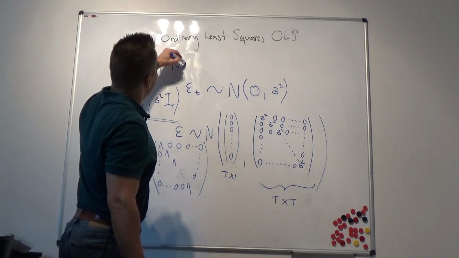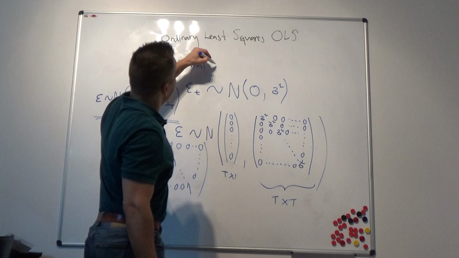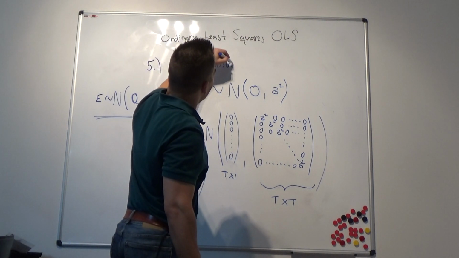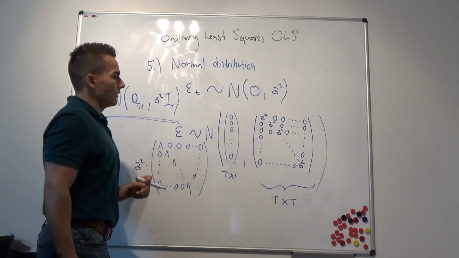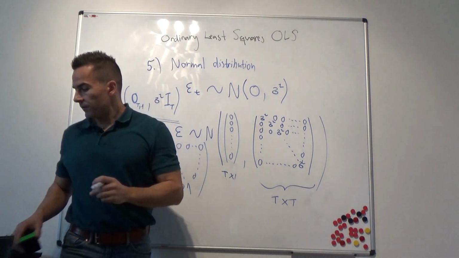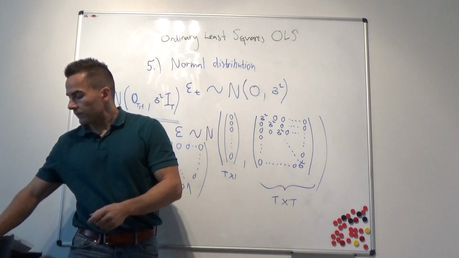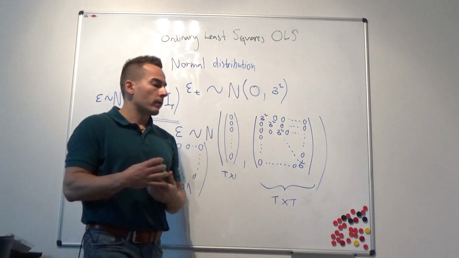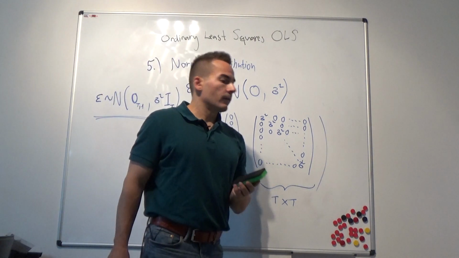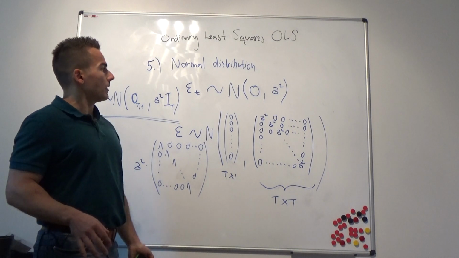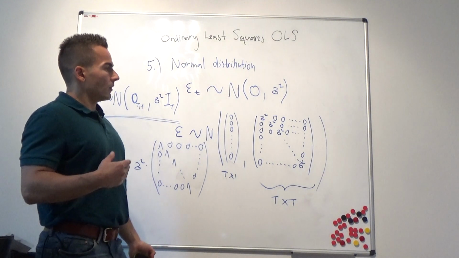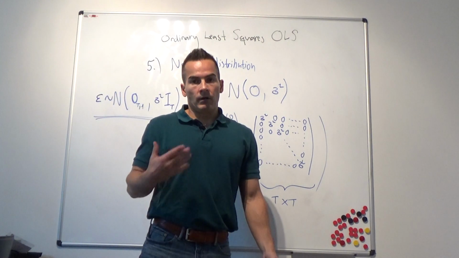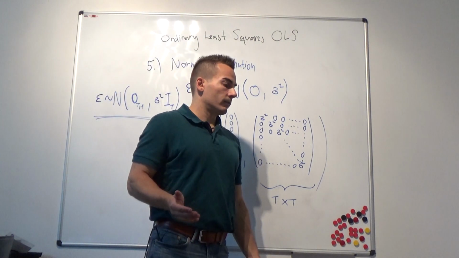So normal distribution as the fifth assumption. What we'll see later on is that the assumption of normal distribution is not the most important thing in showing some statistical properties of our least squares estimator.